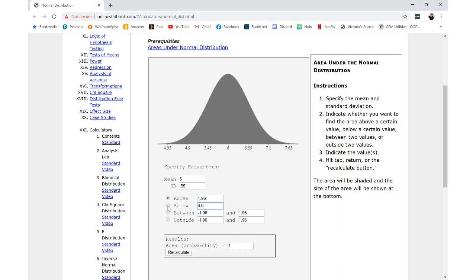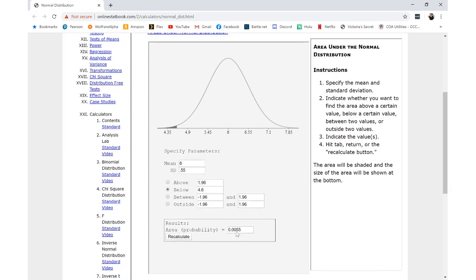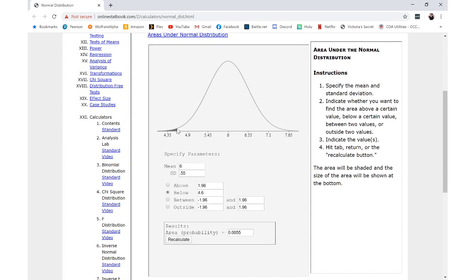We're going to find the probability that they get 4.6 or below. Well, the probability that's happening is 0.0055, so not even 1%. It's really improbable that the sample would have an outcome of 4.6 or less seizures.